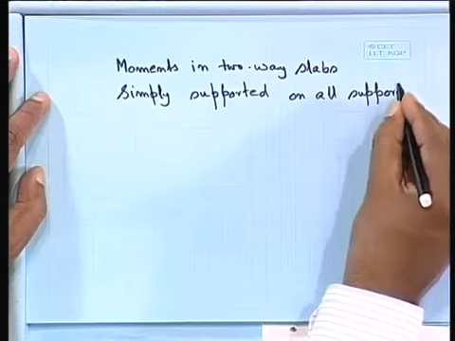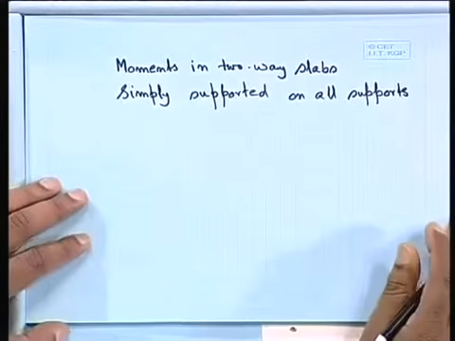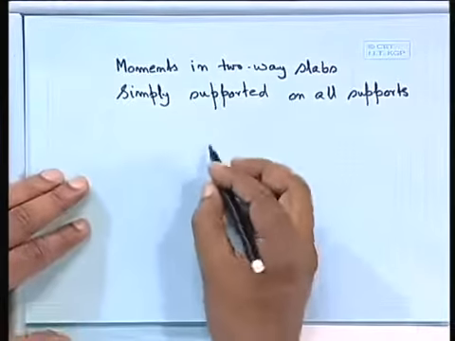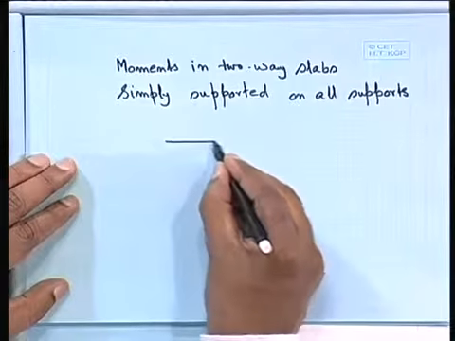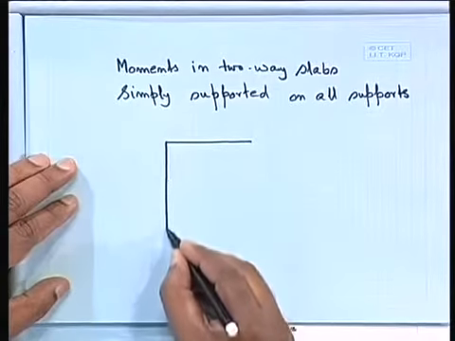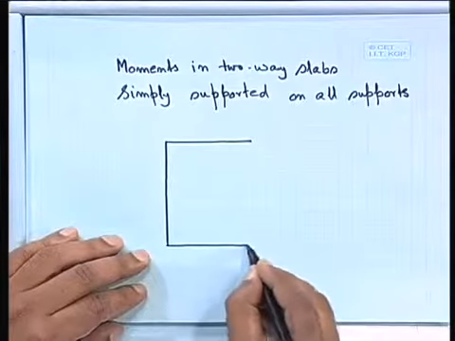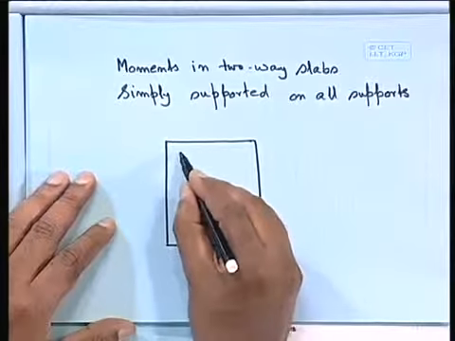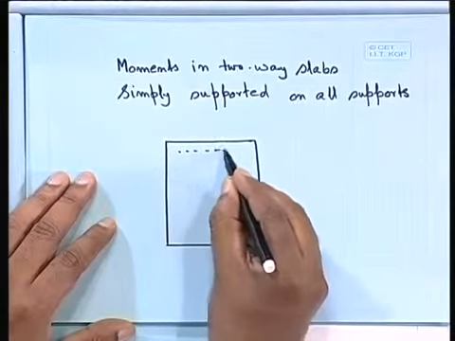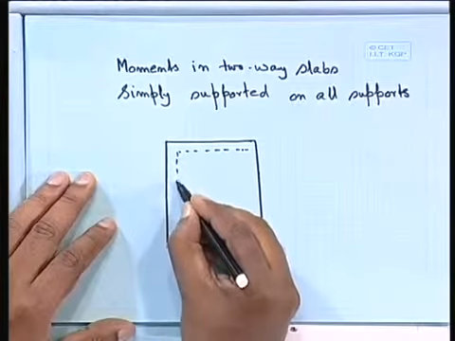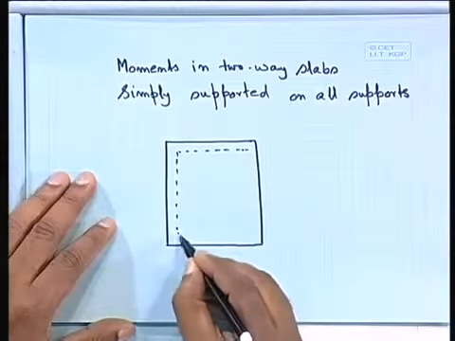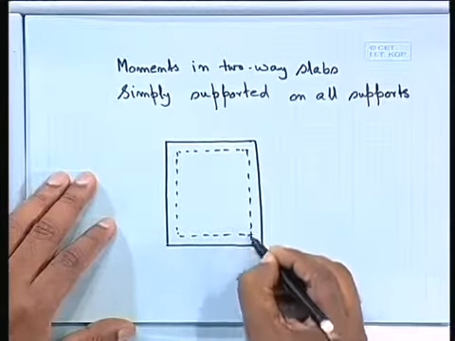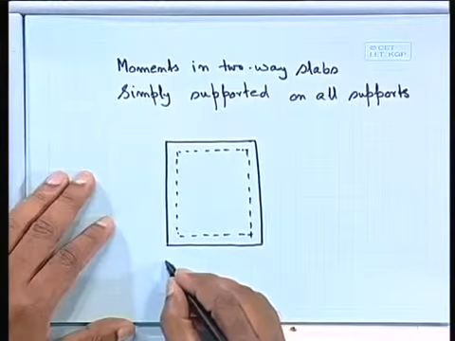Please note that supports are unyielding, that supports will not be deflected. This is one case I can say as if we are having the slab which is supported over say brick wall in all four sides. So, brick wall in all four sides.